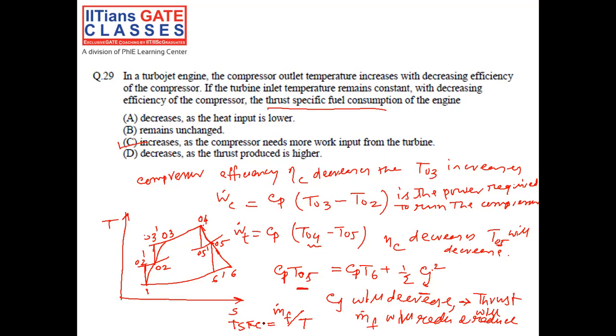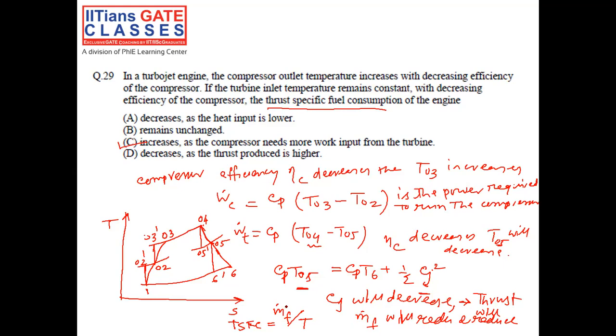But there is one catch here. The reduction of TSFC due to reduced mf dot will be much less compared to the increase in TSFC due to reduced thrust. Which means due to reduction of thrust, the increase in TSFC will surpass the reduction of TSFC due to reduced mf dot.